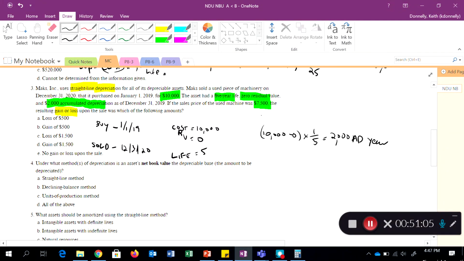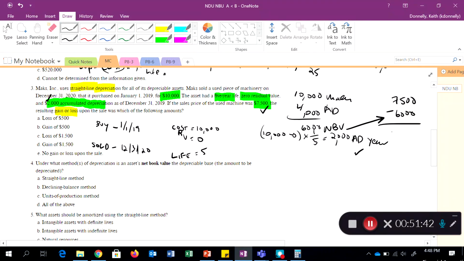So if we have the machine on the books for 10,000, our accumulated depreciation after 2 years will be this 2,000 plus what we calculated for the current year, 2,000, giving 4,000. So the combination of those two means our net book value is 6,000. So we sold it for 7,500, selling price, minus our net book value of 6,000. What that means here is a $1,500 gain, B, for 3.